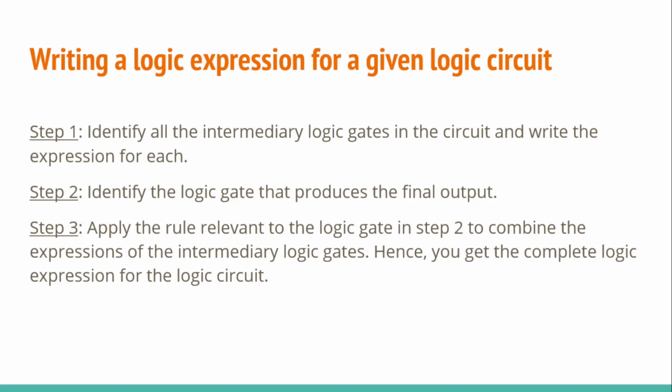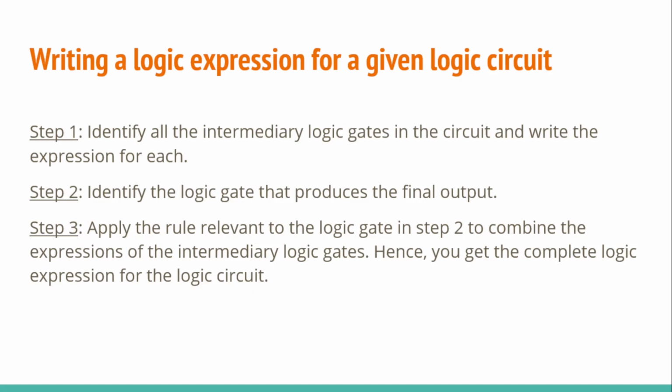To write a logic expression for a given logic circuit, I have recommended 3 steps. The first step is to identify all the intermediary logic gates in the circuit and write the expression for each. Step 2.